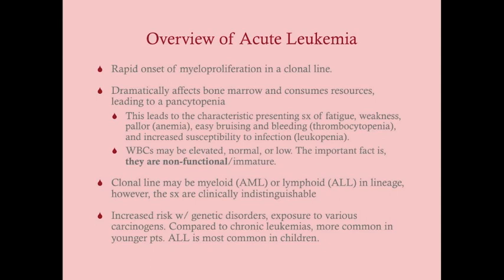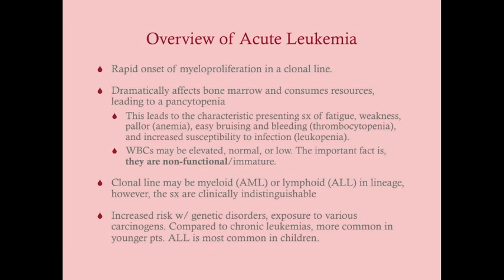And then with leukopenia, and I struggle to use leukopenia here because really the white blood cells can be elevated, normal, or low, because when you have leukemia, you may have a proliferation of white blood cells. They're not functioning, but they're proliferating, and that can read as an elevated white blood cell count.